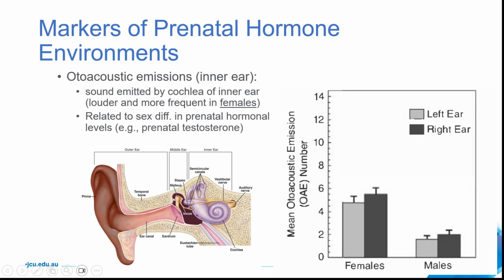This was related to sex differences in prenatal hormonal levels, prenatal testosterone. So sometimes having more testosterone is not a good thing. We can see it from here: females have higher mean otoacoustic emissions than males in both ears.